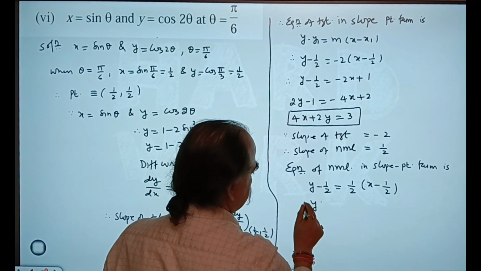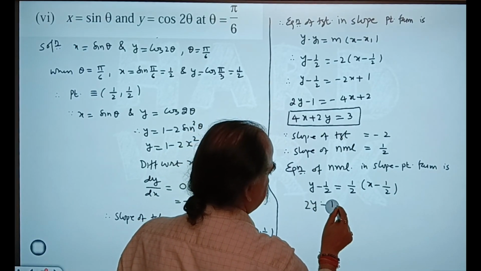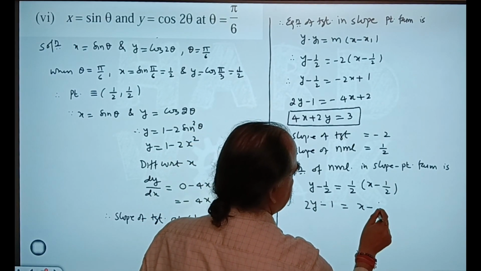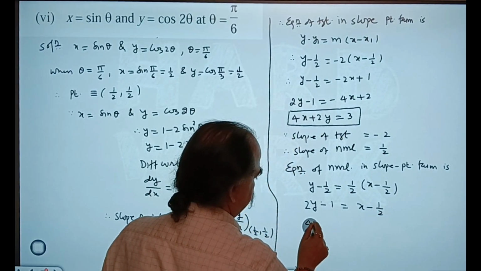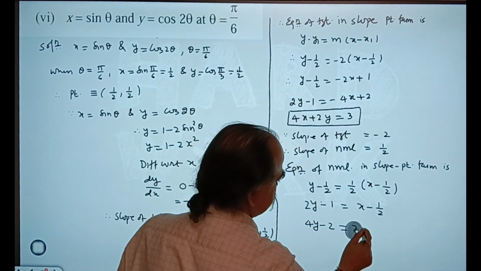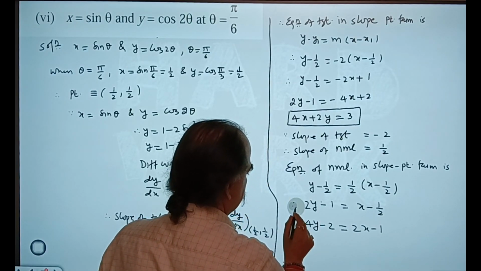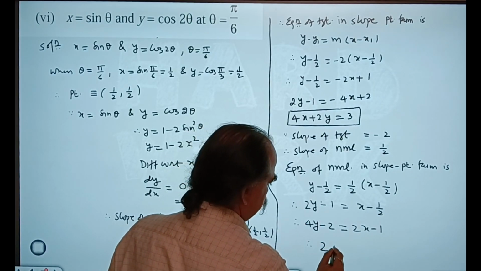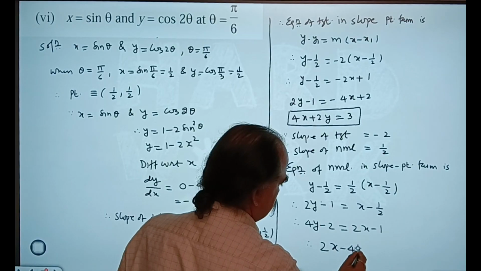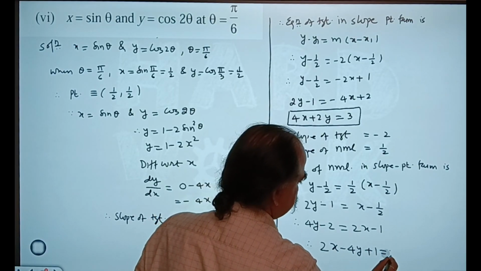So 2y minus 1 is equal to x minus half. 4y minus 2 is equal to 2x minus 1. Therefore 2x minus 4y plus 1 is equal to 0.